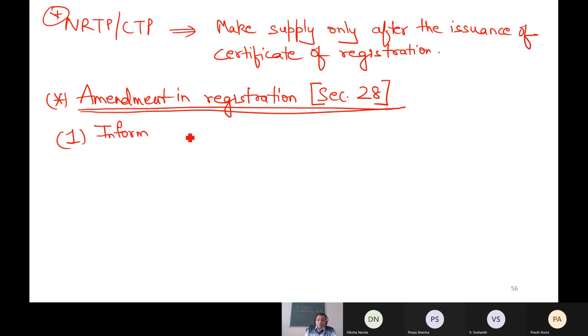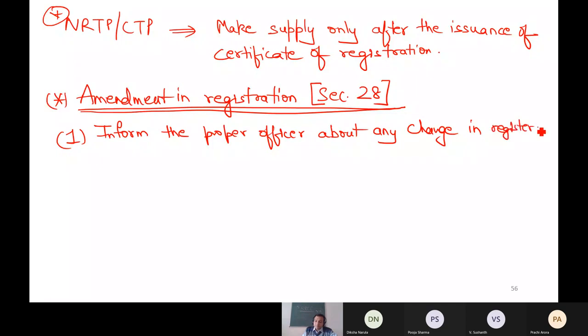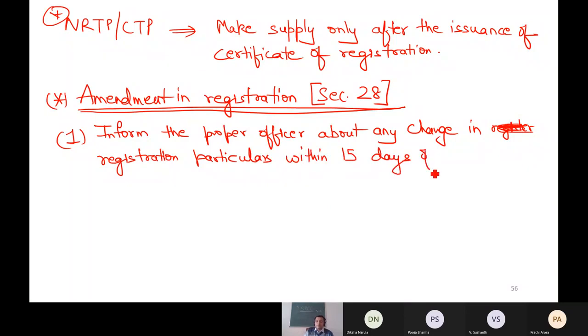So inform the proper officer about any change in registration particulars within 15 days of such change through the application.